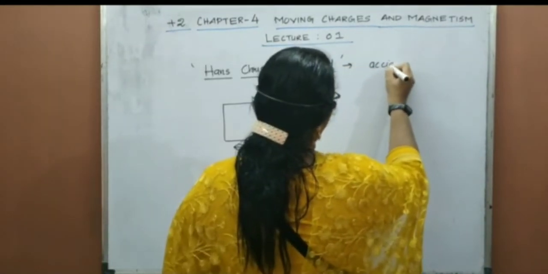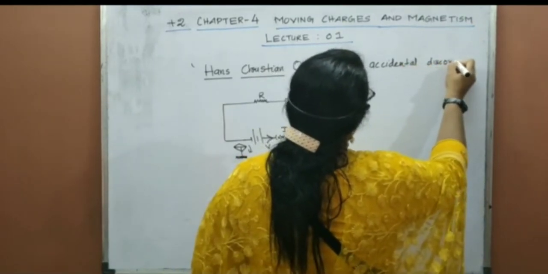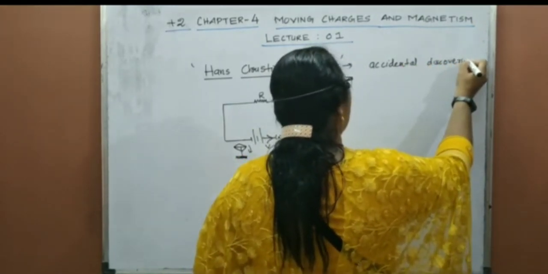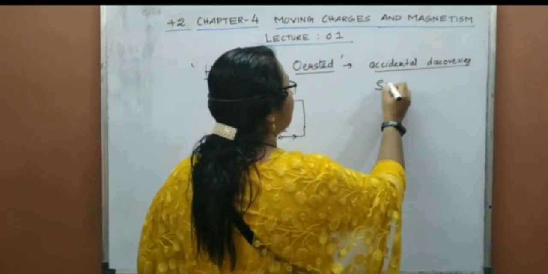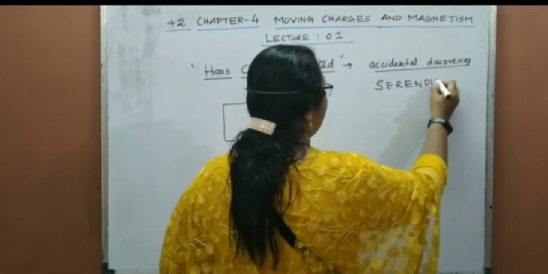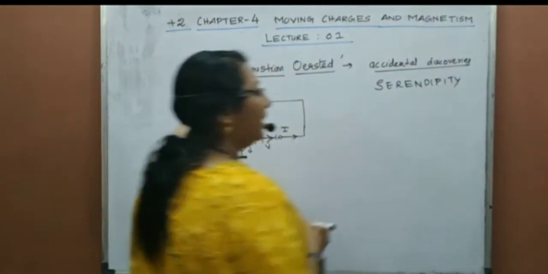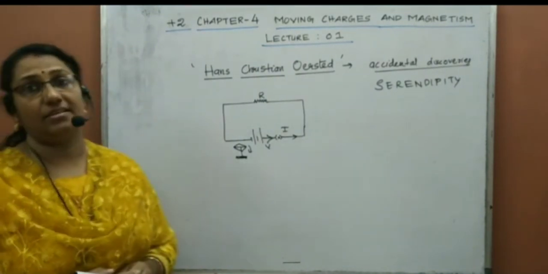There are a lot of accidental discoveries in science, and these accidental discoveries are commonly called serendipity. This was also a serendipity by Hans Christian Ørsted.